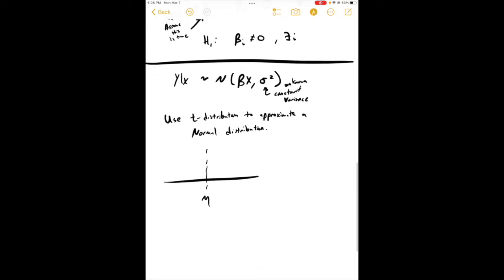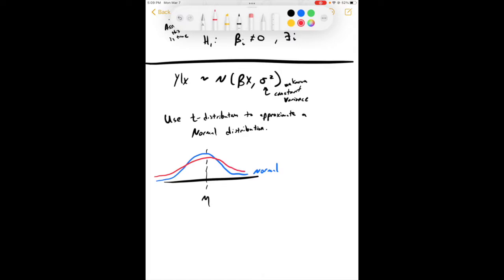So let's look at this. Let's say right here in blue, this is a normal distribution approximately. Okay, this is our normal distribution. Now, a t-distribution with that same mean and variance is going to have slightly fatter tails like that.